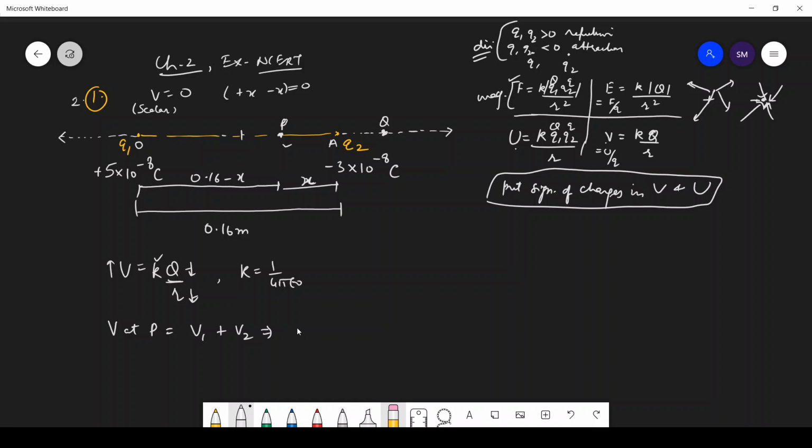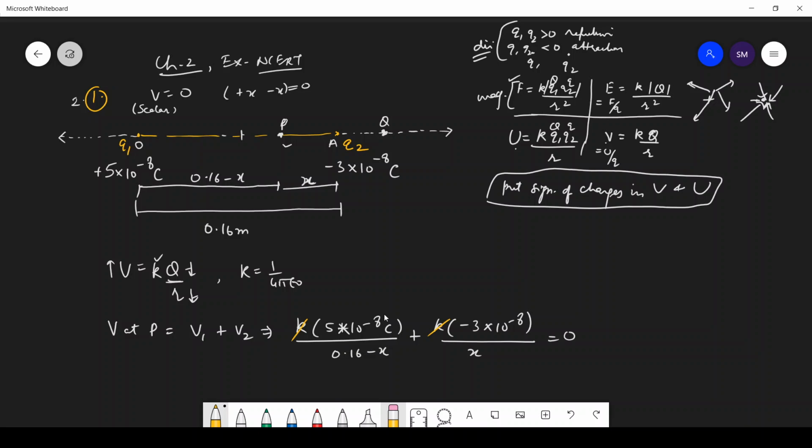Okay, so V1 is K into Q, which is 5 into 10 to the minus 8 coulombs, divided by 0.16 minus x, plus V2, K into minus 3 into 10 to the minus 8 divided by x. That's equal to 0, right? So divide both sides with K, and K will cancel out.